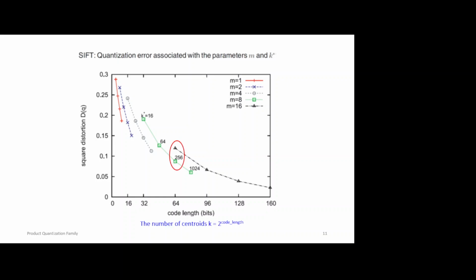Each segment has 256 centroids, this green line. So this is why we can get 2 to the 64 centroids.